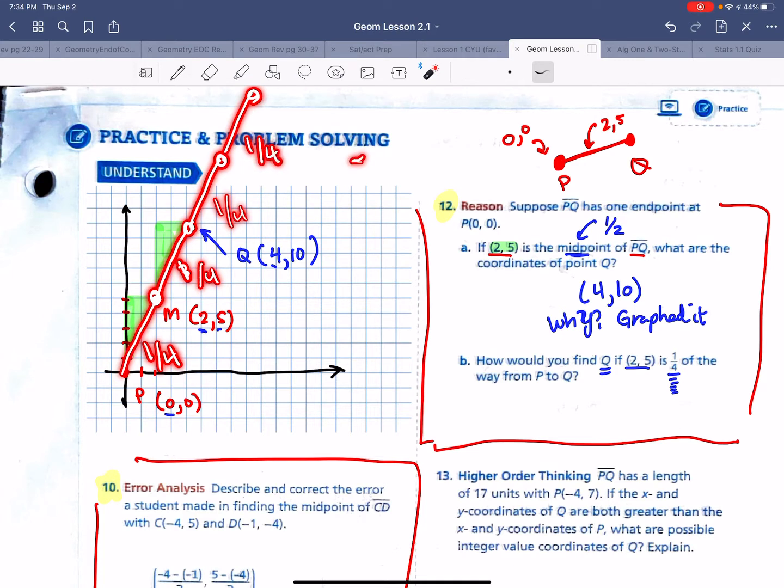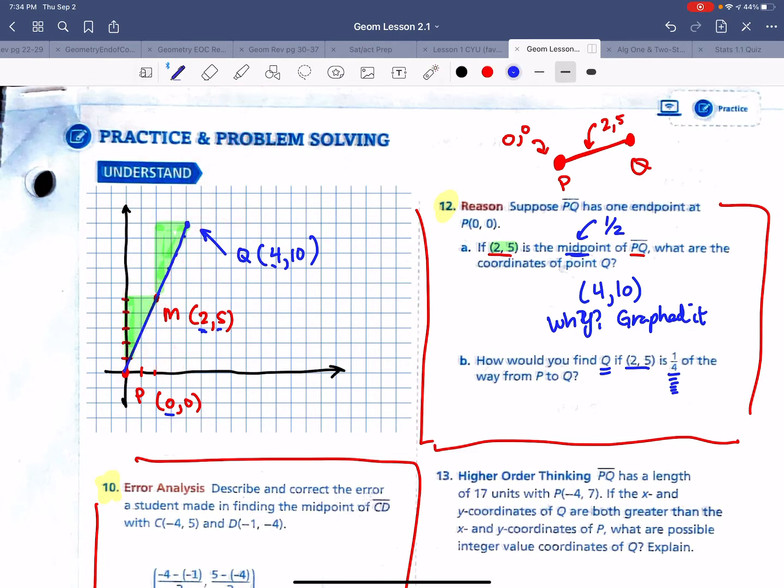This is a thinking task, isn't it? So students were thinking, well, I think if I go up 5 over 2, up 5 over 2, up another 5 over 2, up another 5 over 2, I guess Q has to be way up here. Up 5 over 2, up another 5 over 2, and finally you're there.